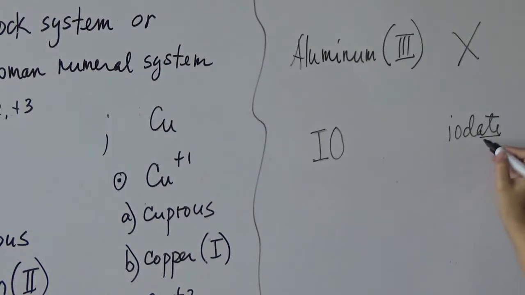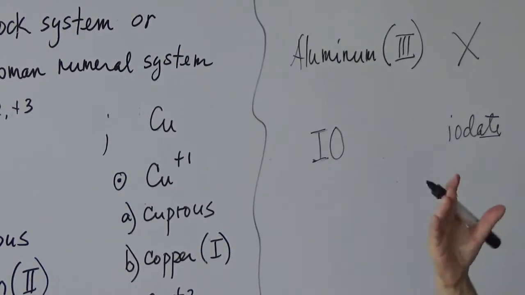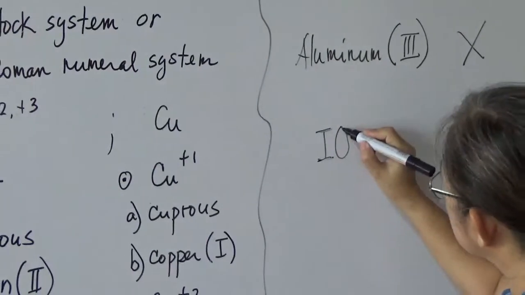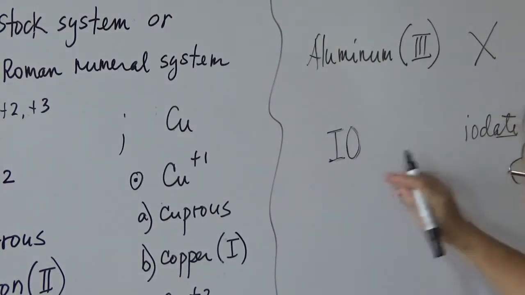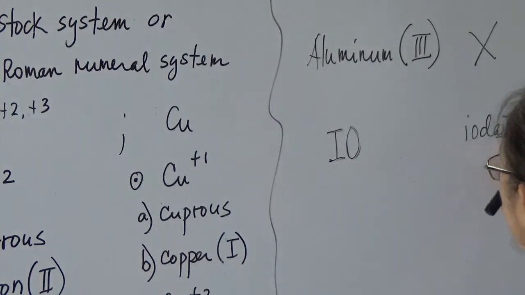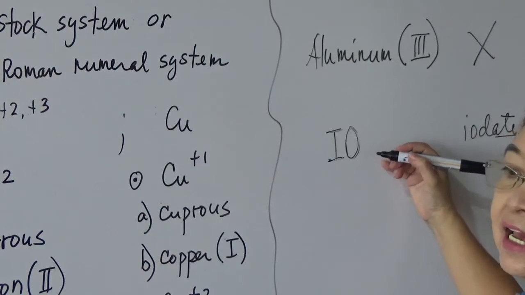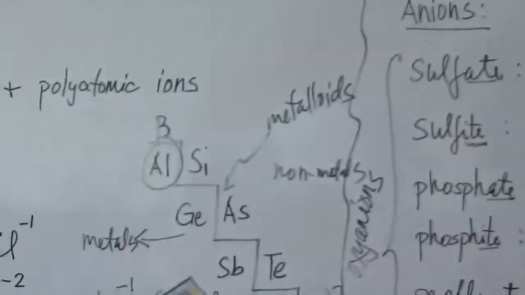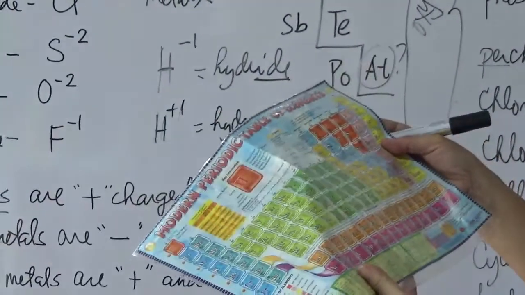So it must be composed of iodine, I, and the other element is oxygen. And you check on the symbol and the charge of iodate. I do not know if your periodic table or the list of your cations and anions is arranged alphabetically.